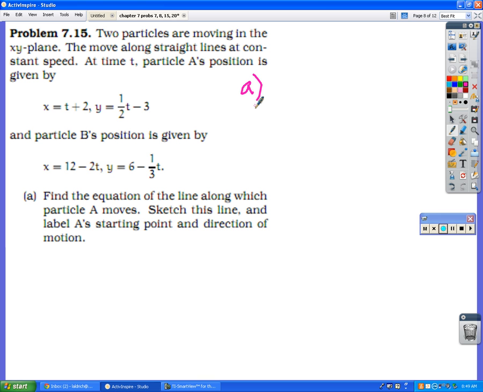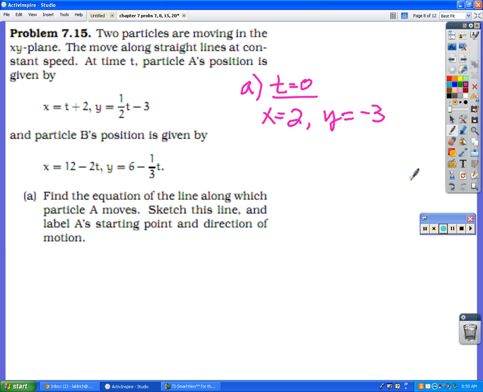So what value of t would you like to plug in? 0. Good. So if I plug in t equals 0, I get x equals 2 and y equals negative 3. Okay? So that's one of the points on that line.